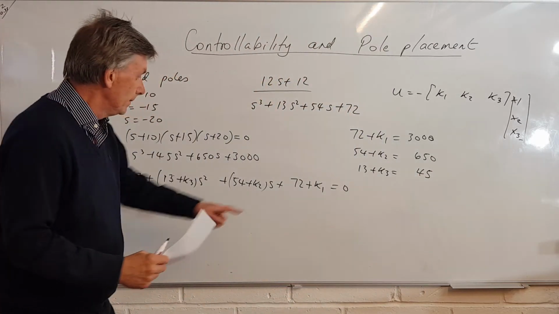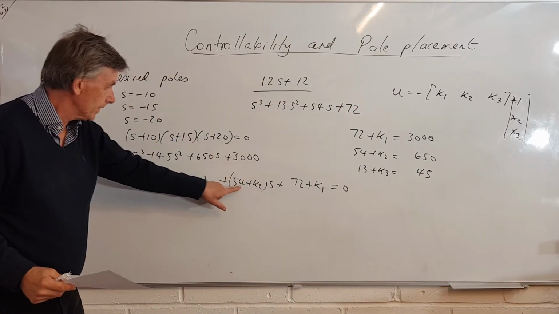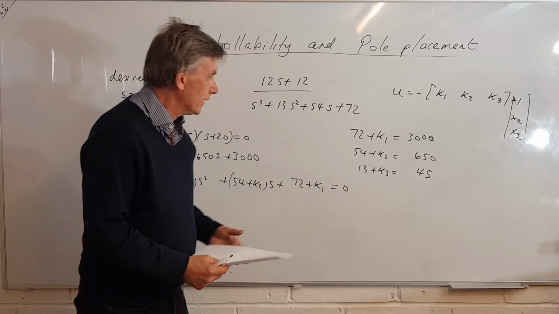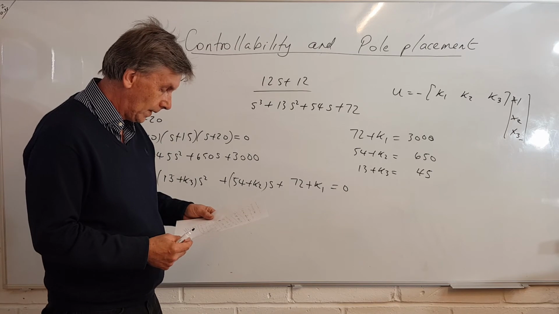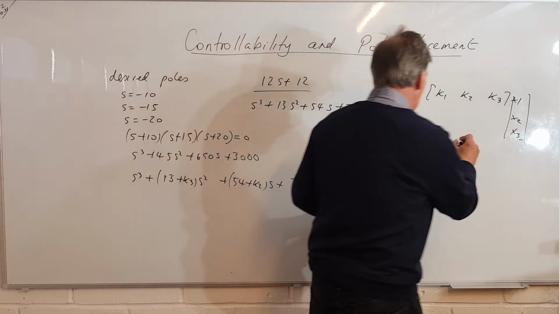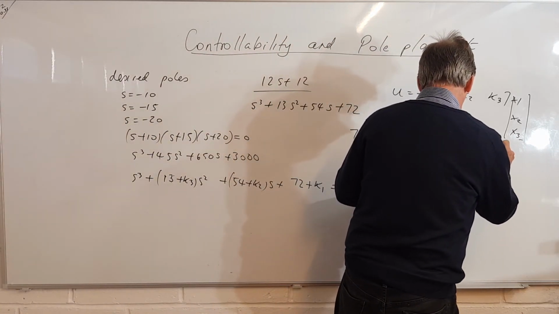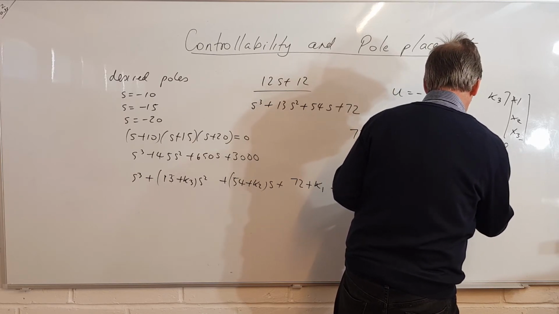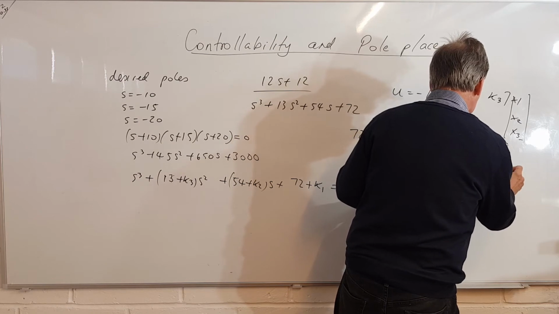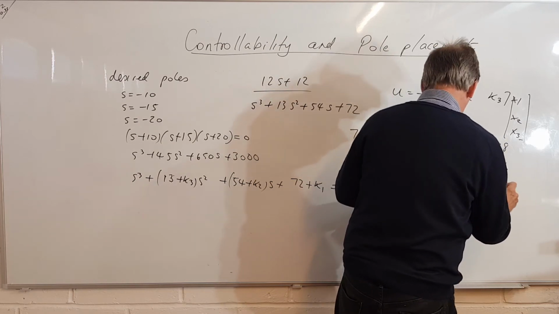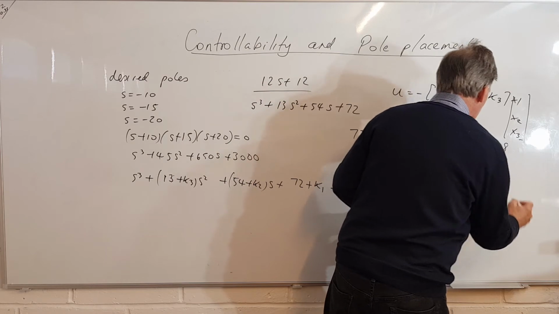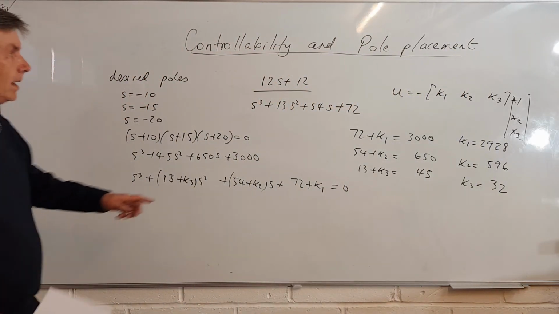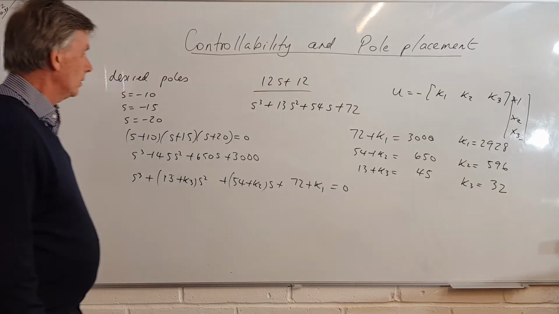So that's by saying this one is the same as that one, that's the same as that, and this is the same as that. We can then solve these for K1, K2 and K3. So it's going to give us K1 as 2928, K2 as 596, and K3 as 32. And then that's our design of our pole placement controller.